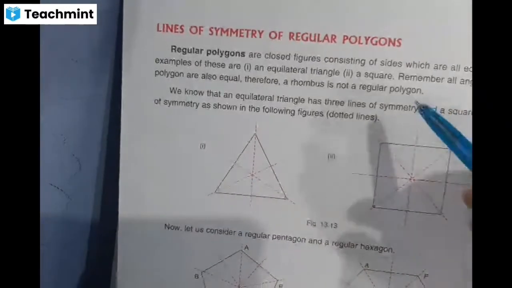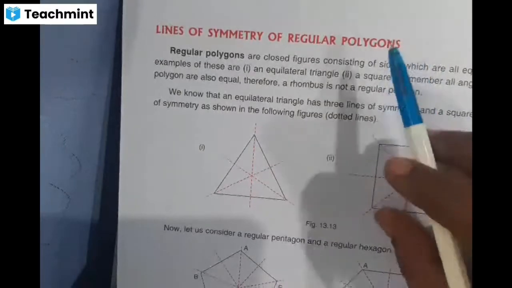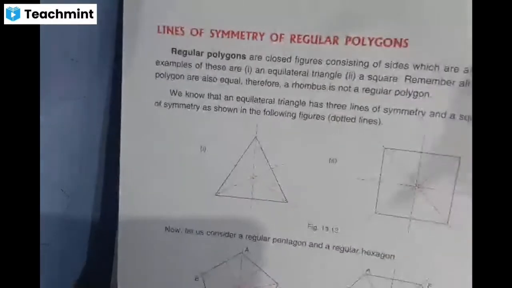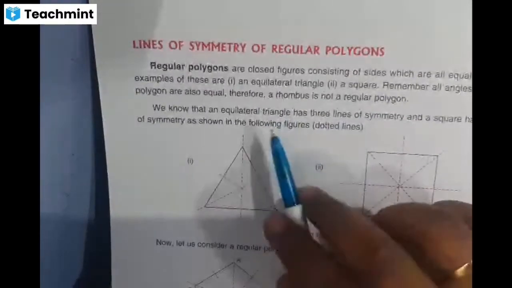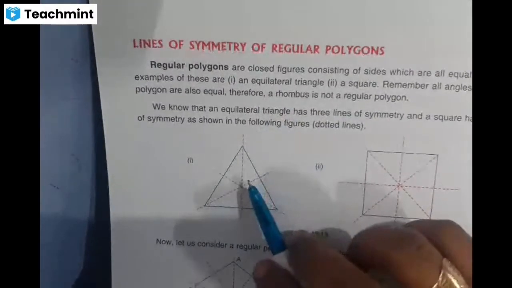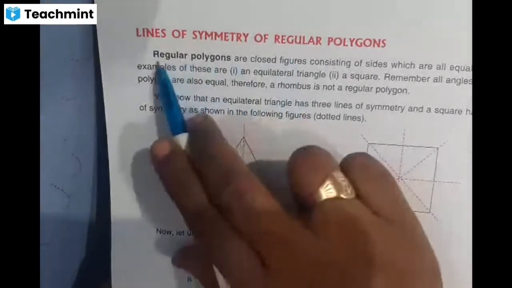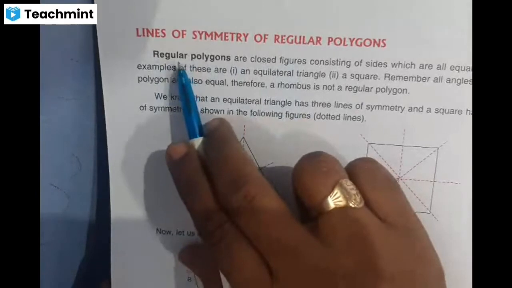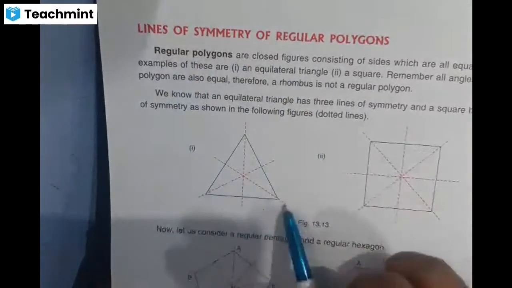Children, regular polygons are nothing but closed figures. We know the geometrical figures which are closed and which are open. So, regular polygons are closed figures consisting of sides which are equal. Therefore, they are regular polygons. For example, you can take an equilateral triangle.